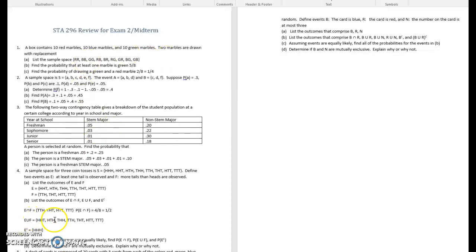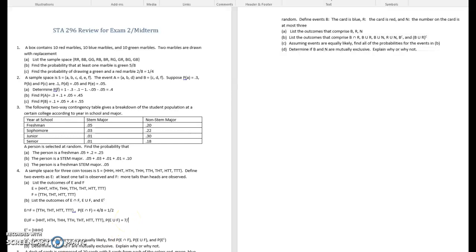Now we can do exactly the same thing for the probability of E union F. There are 1, 2, 3, 4, 5, 6, 7 outcomes in here out of 8 total in the sample space.